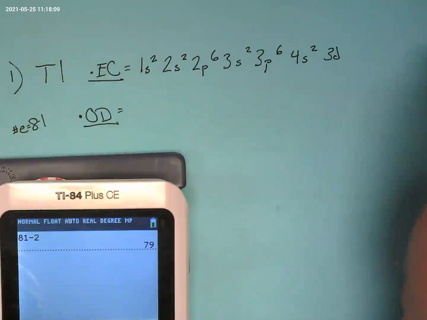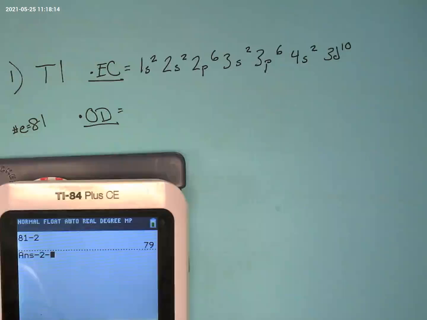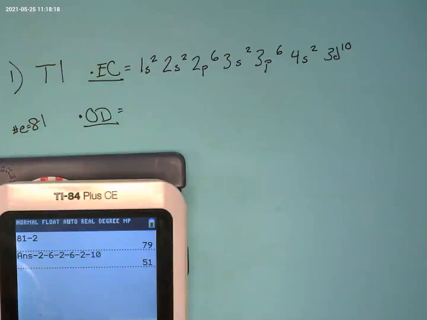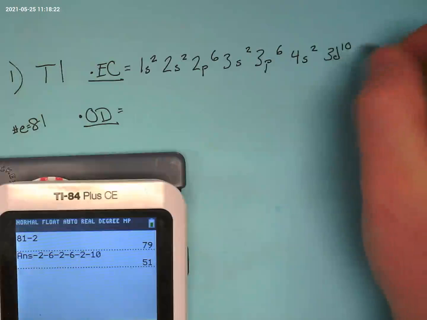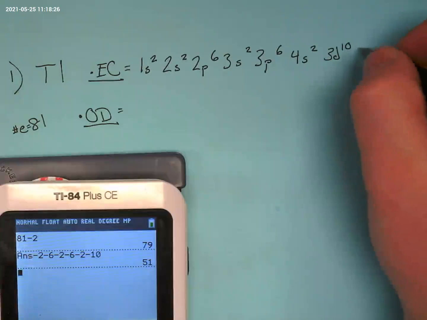Once you get to 3d, we should keep track. So minus 2, minus 6, minus 2, minus 6, minus 2, minus 10. So we're at 51 right now. We still have 51 slots to fill. I may be running out of room here on the side, but that's fine.